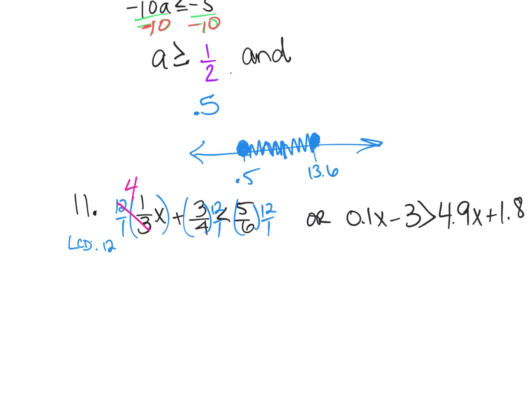And 4 times 1 is 4, so 4x. The next one, 3/4 times 12. 4 goes into 12 how many times? 3 times. 3 times 3 is 9. And 6 goes into 12 twice. 2 times 5 is 10. Now I have a really nice looking equation to solve.